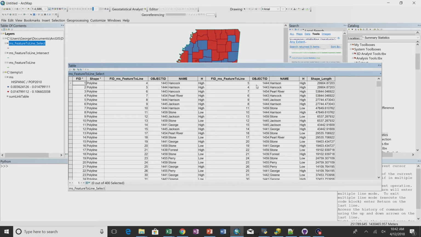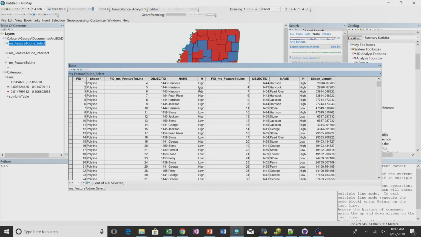Harrison, Hancock, Hancock, and Harrison. You see how we have that join twice? We have this join twice. In other words, we have it as a link. So all we need to do when we count up the number of links that are black and white, we need to do what? Divide them by 2 to get the total number of black-white joins.